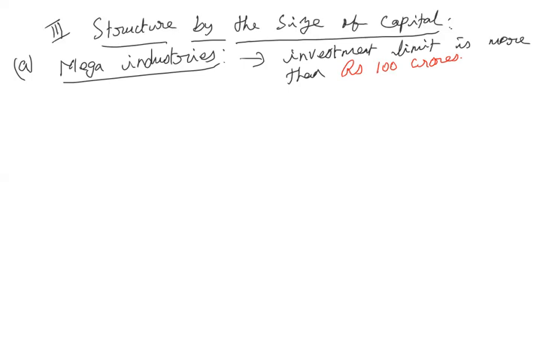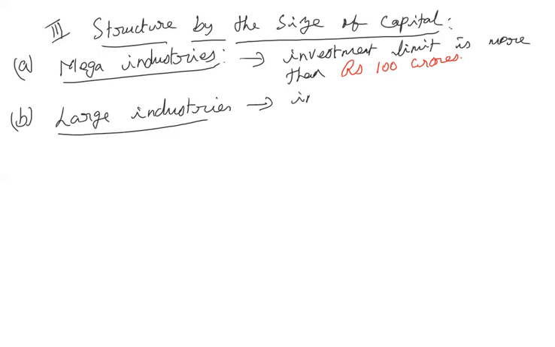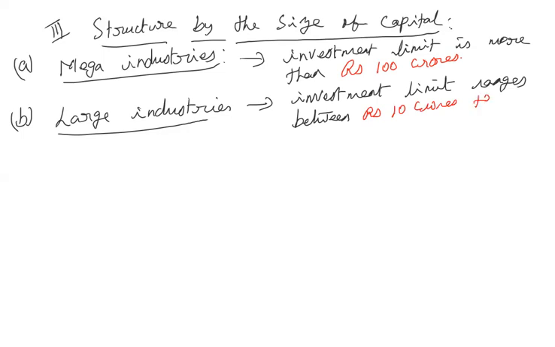Okay. Then the second category is the large industries. In these industries, the investment limit ranges between rupees 10 crores to rupees 100 crores.